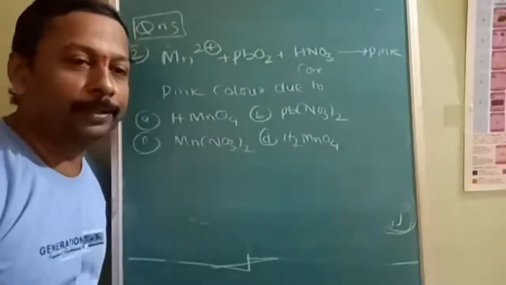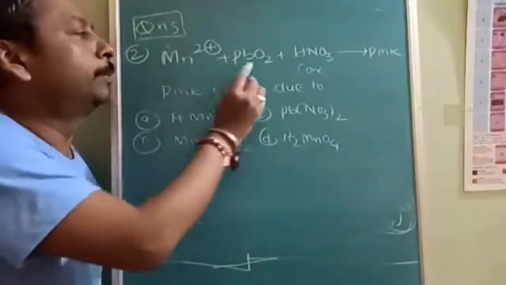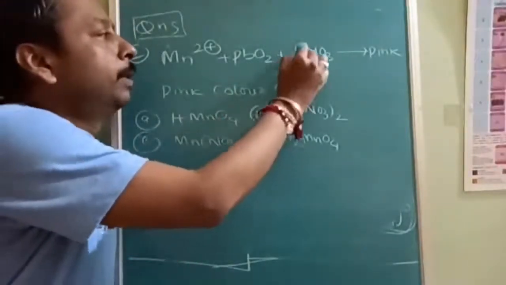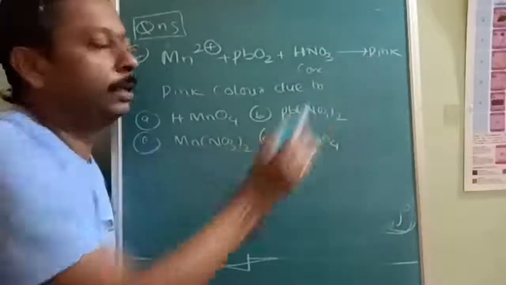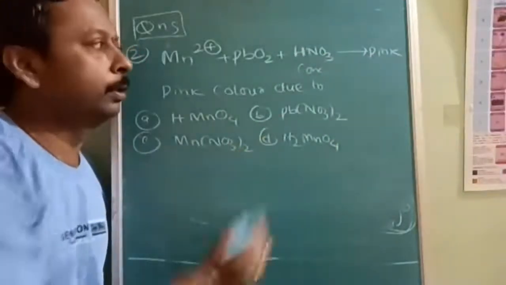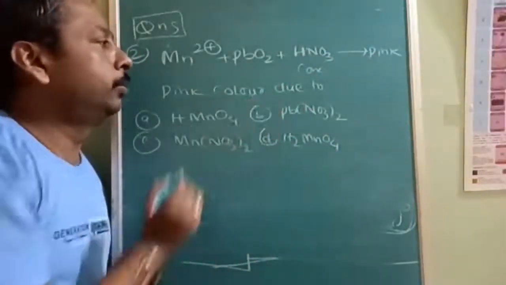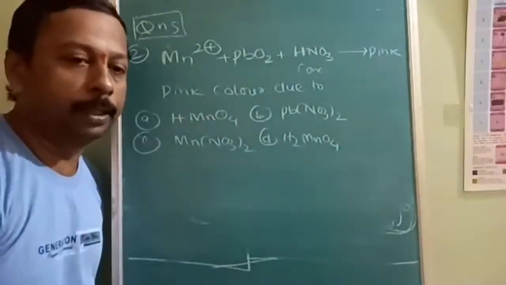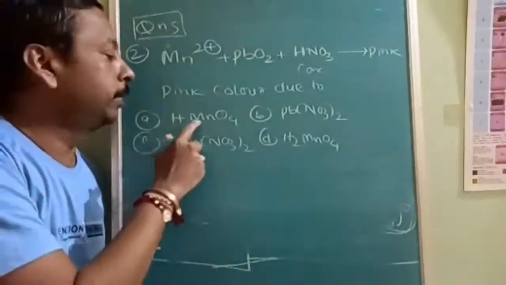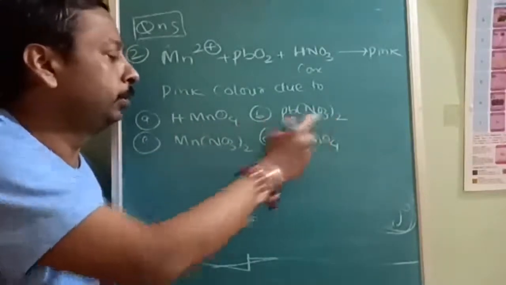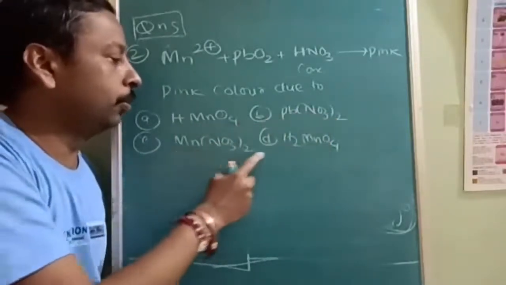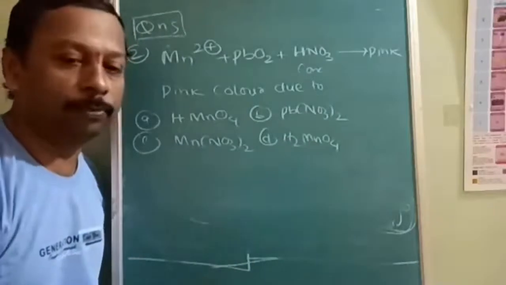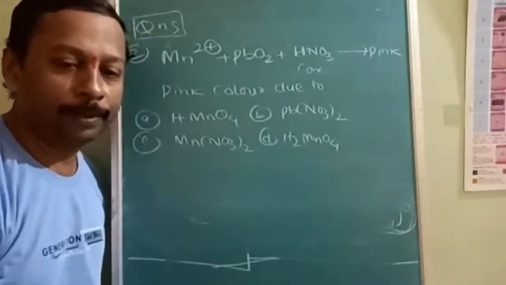Here is the next question: Mn2+ plus PbO2 plus concentrated HNO3 will give you pink color. What is the substance which causes the pink color? Reading the options: HMnO4, Pb(NO3)2, Mn(NO3)2, H2MnO4.